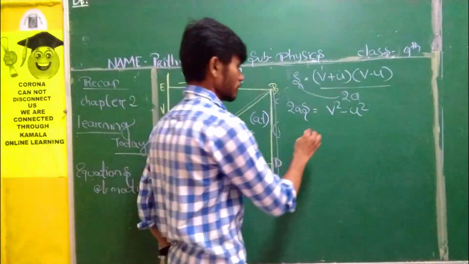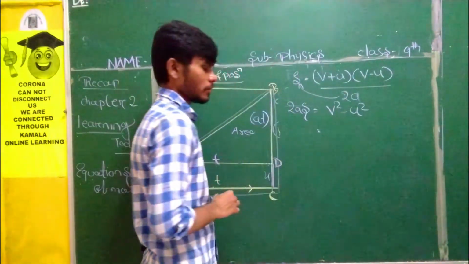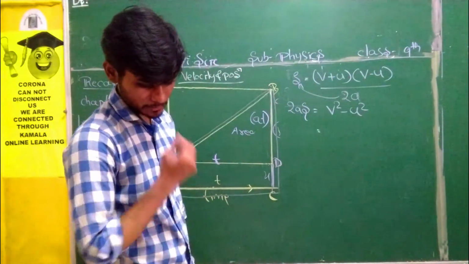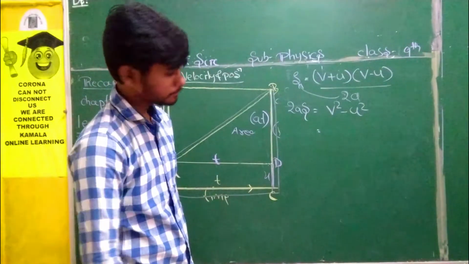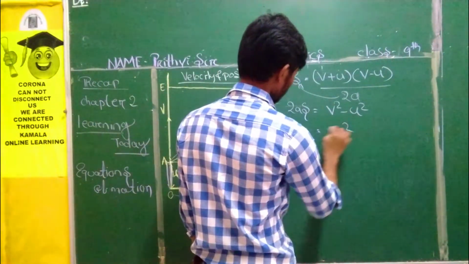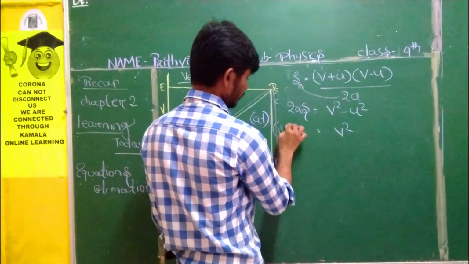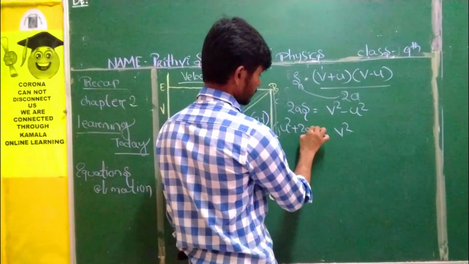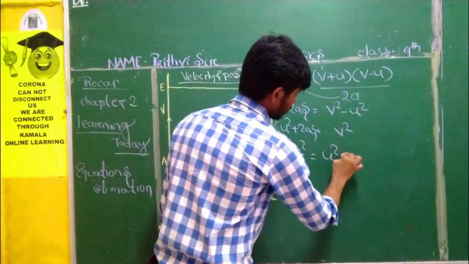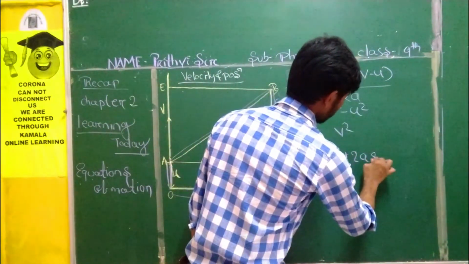Now what will be our formula for the last one? Now I will arrange this. V square is equal to, minus this side it will come, U square plus 2AS, or you can write V square is equal to U square plus 2AS.